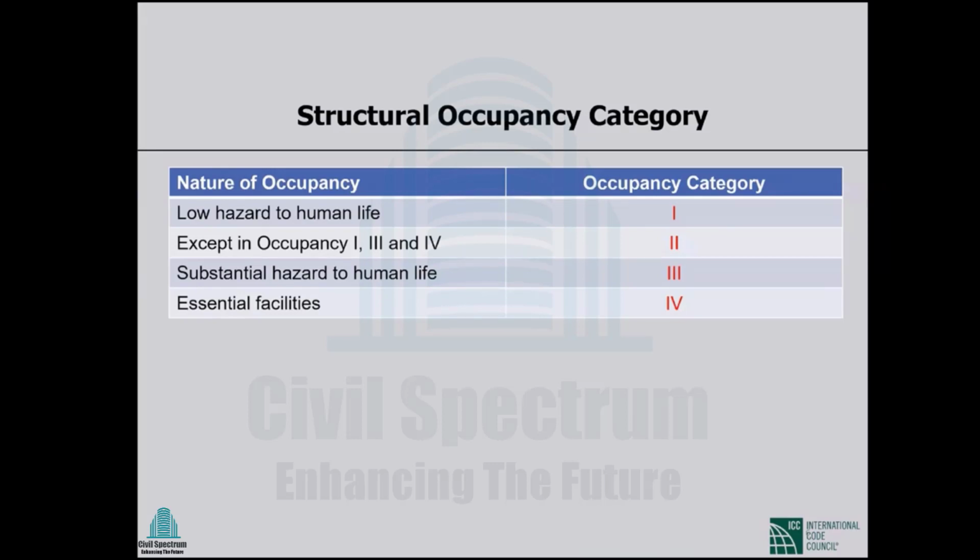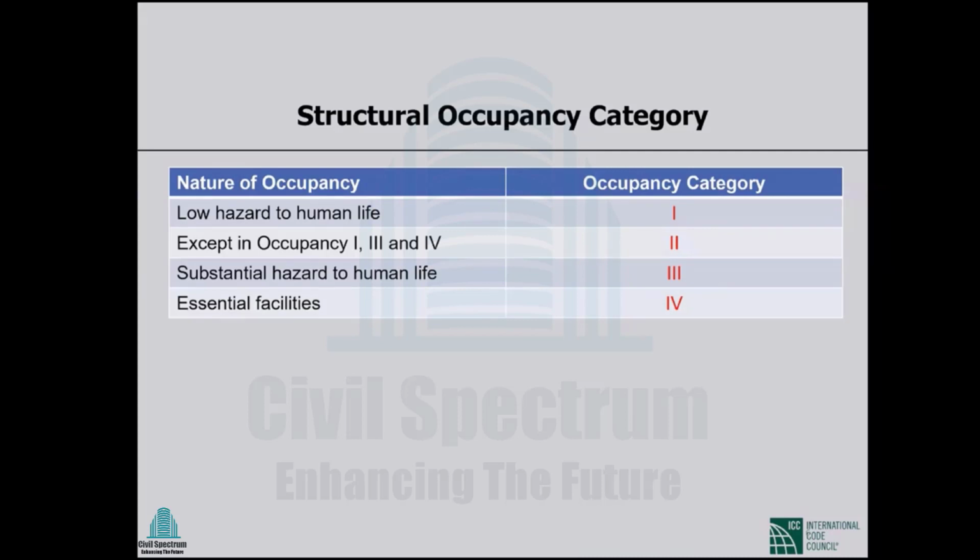If it collapses, there will be economic loss, but there's very little chance that human lives will be in danger. So that is a low hazard building. I'll come to the second category later. Let's go to the third category.